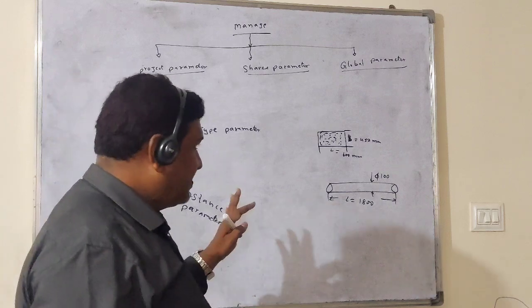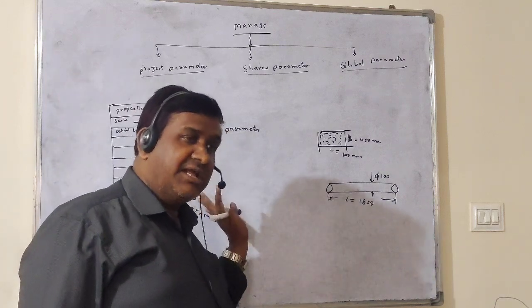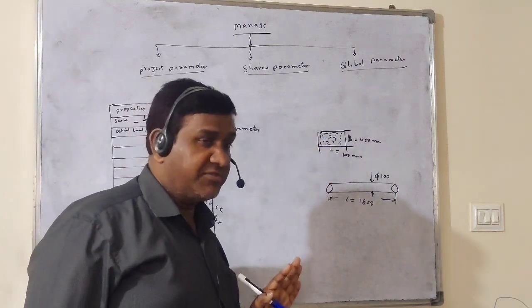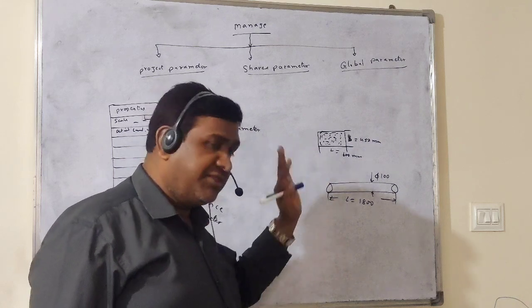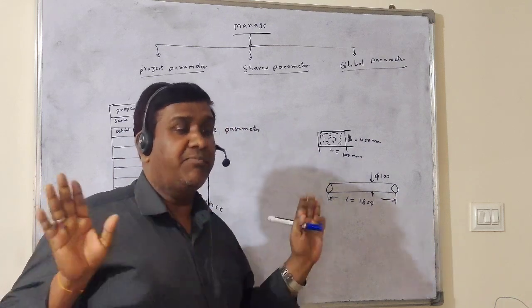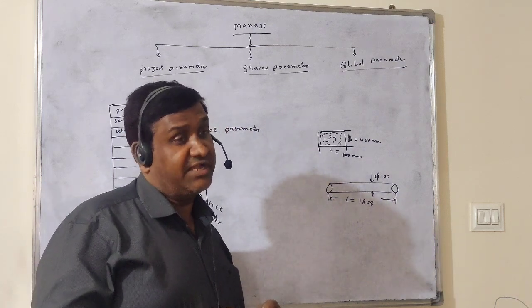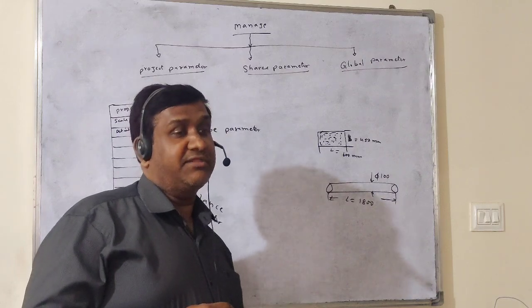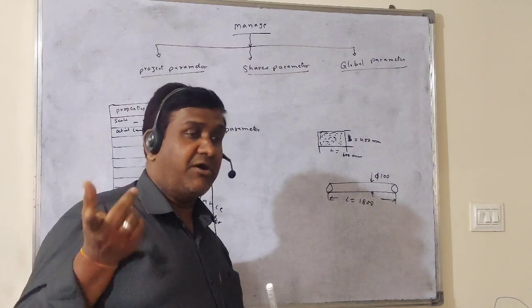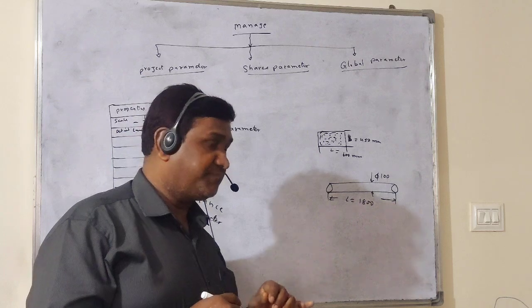So some parameters you may find directly here, some parameters you may find in Edit Type. In the column also it is the same, because all components will reflect parameters like that, either in Edit Type or directly in the properties toolbar.